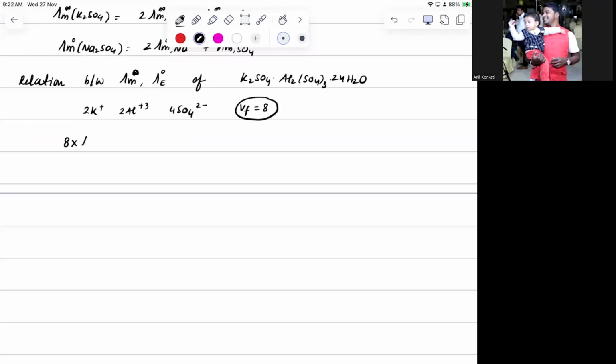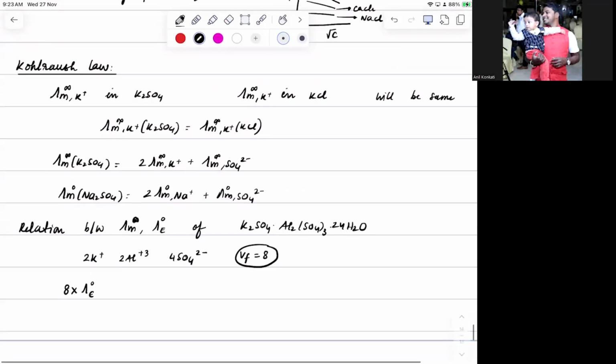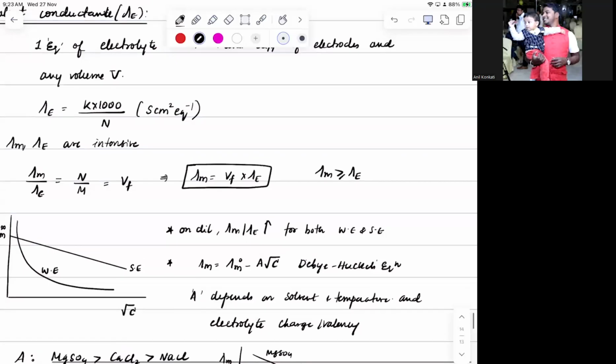So what can I write? 8 times lambda e naught, because going back to the definition, lambda m can be written as valency factor into equivalent conductance.